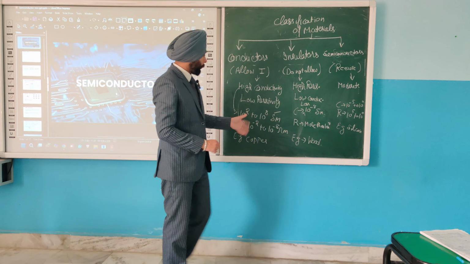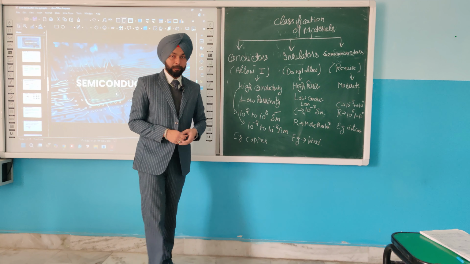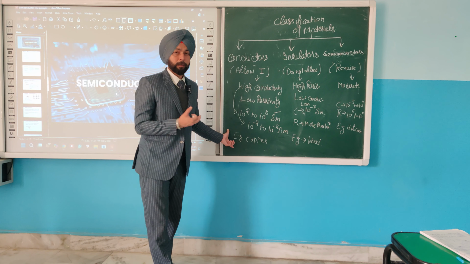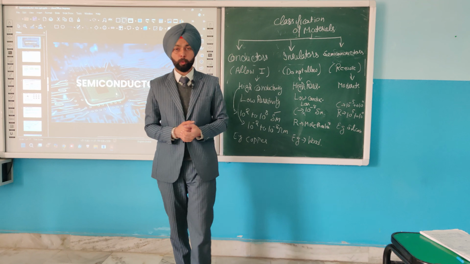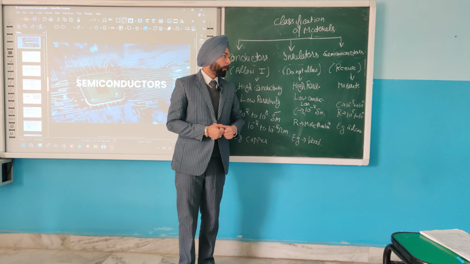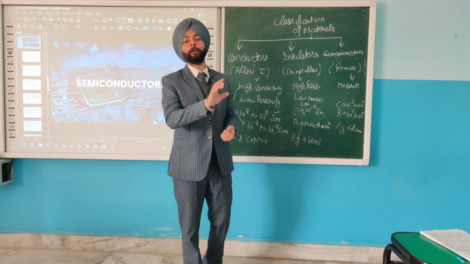The best example of a conductor is copper, an insulator is wood and plastic, and the best example of a semiconductor is silicon.